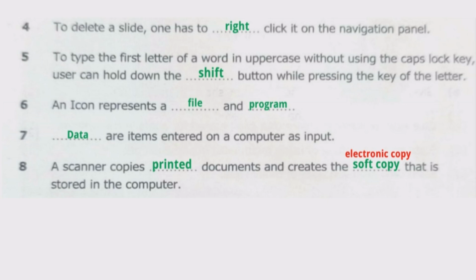The only thing there, when you say hard copy, that means it is generalizing everything that is hard copy. But when you say printed, it's definitely talking about what is printed somewhere. Okay, it can be on a paper, on a cloth, it's printed. So when you scan it, it's going to become soft copy, and it can be stored in the computer. So the correct answer there is printed and soft copy, just like I've written.